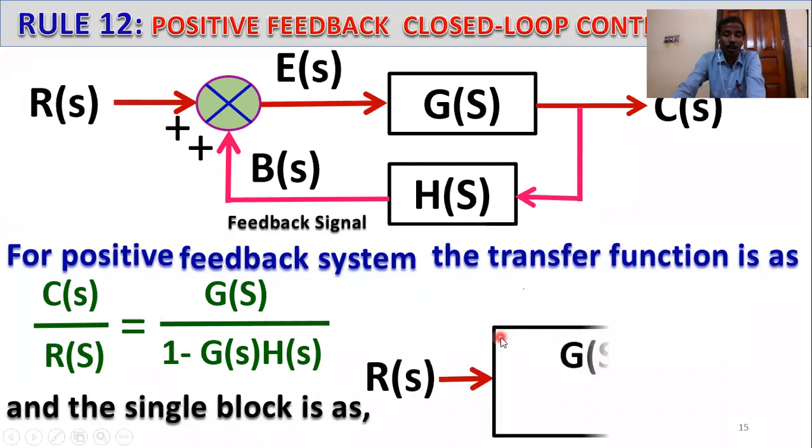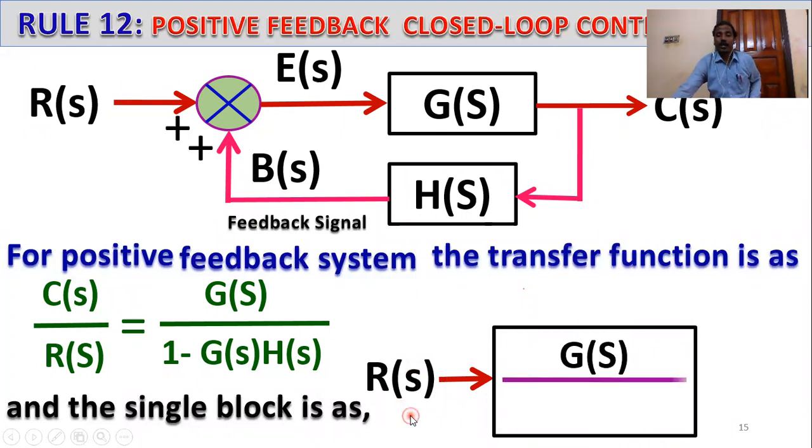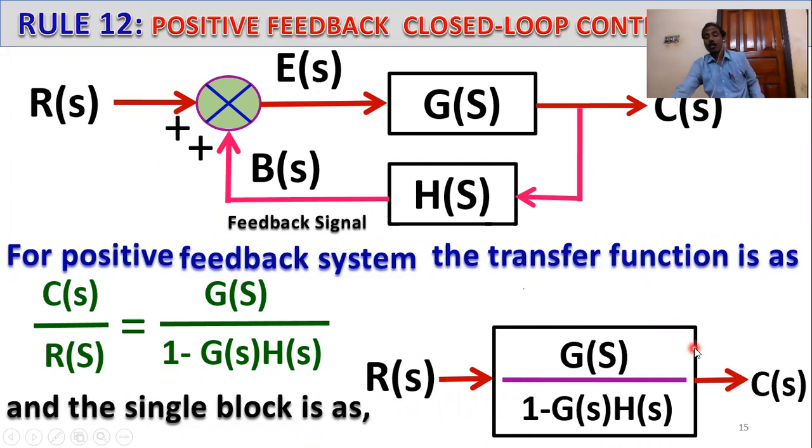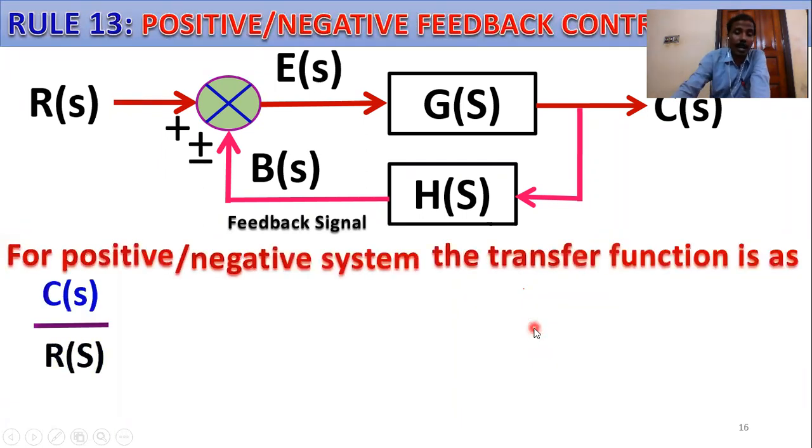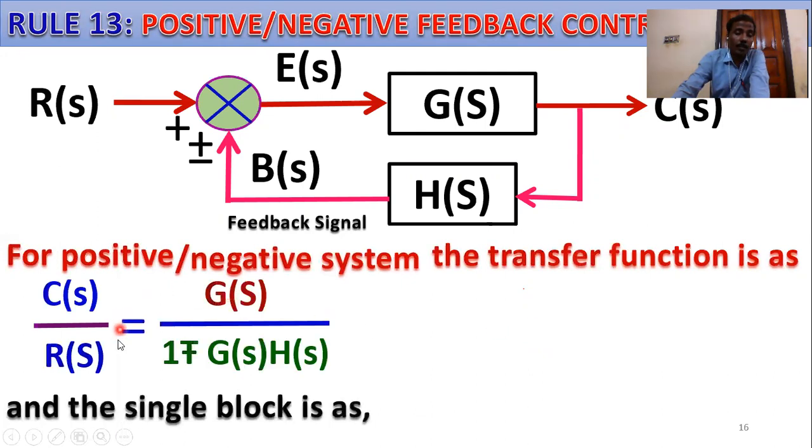And the single block is R(S), G(S) by 1 minus G(S) H(S), and the controlled output C(S). Then for positive and negative feedback together, C(S) by R(S) is equivalent to G(S) by 1 minus plus G(S) H(S). For positive, this is negative. For negative, this is positive.